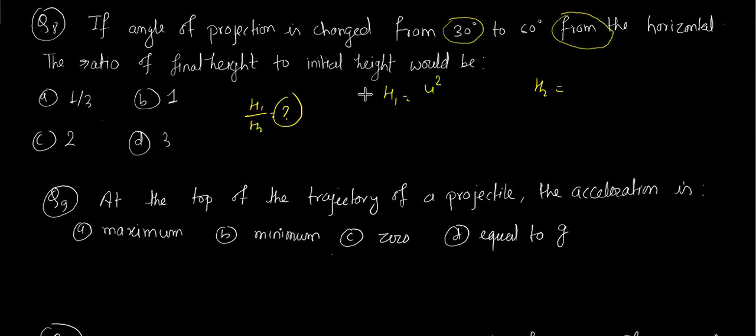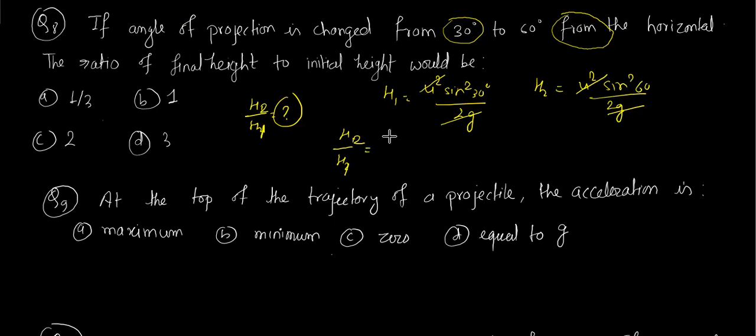As we know, the expression for h1 can be written as u square sine square 30 degree by 2g, and the other one is u square sine square 60 by 2g. If you take the ratio, surely these two parameters will cancel out. Here h2 by h1 is required, so it will be sine square 60 degree by sine square 30 degree.